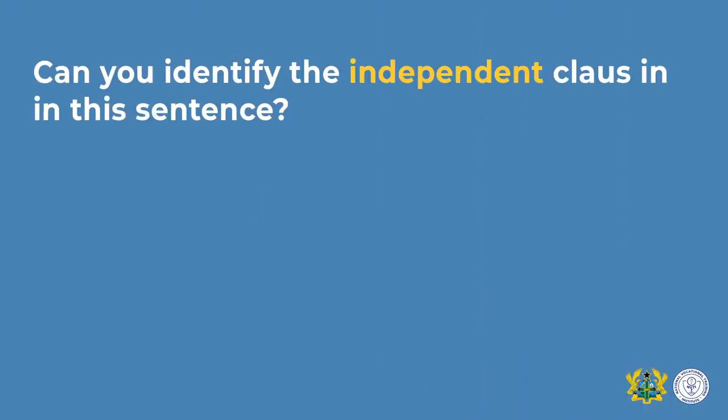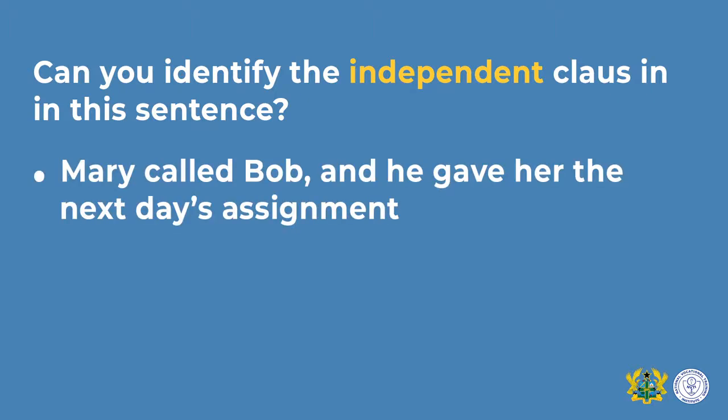Can you identify the independent clauses in the sentence? The sentence is, Mary called Bob and he gave her the next day's assignment.